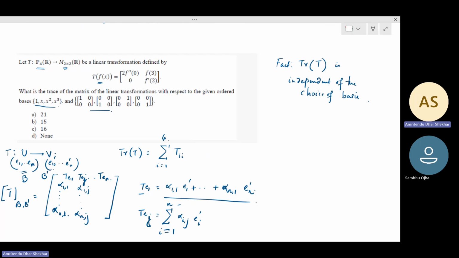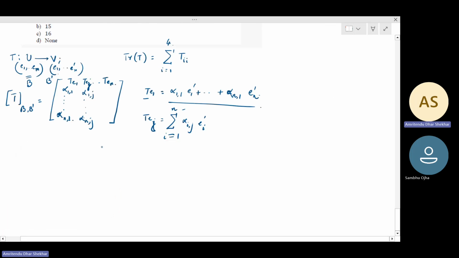So going by this logic, what we need to do over here to compute the trace of T is to compute this sum over of T_ii. For that, let me just write it over here.